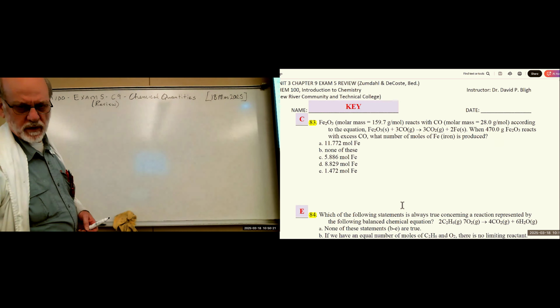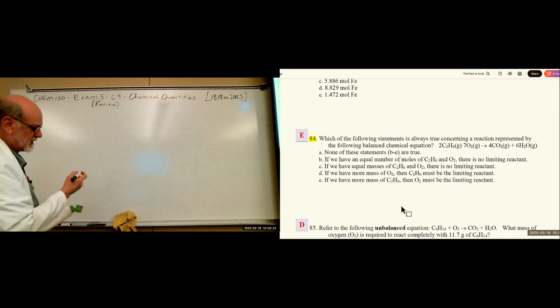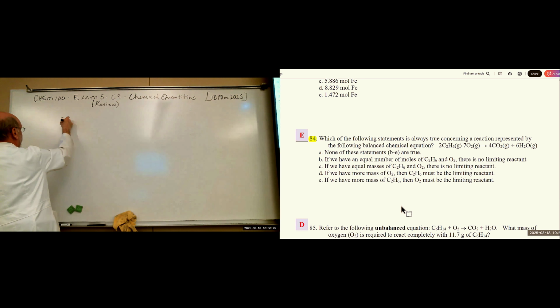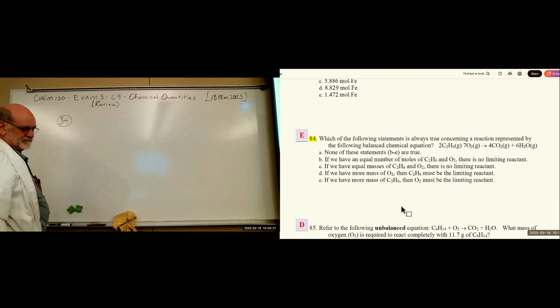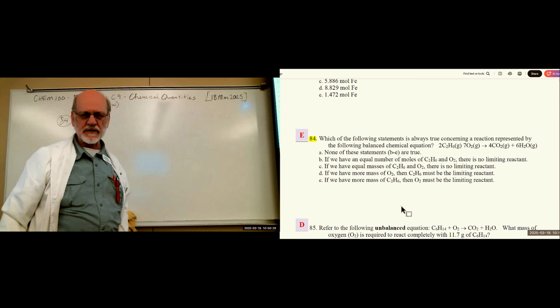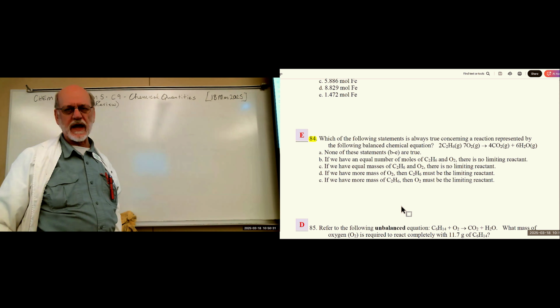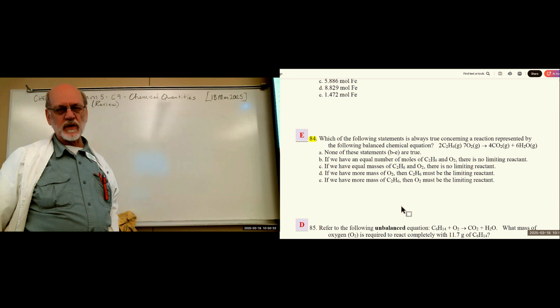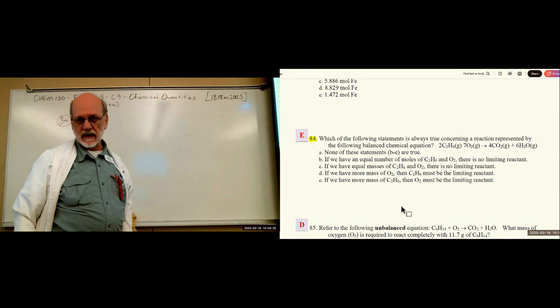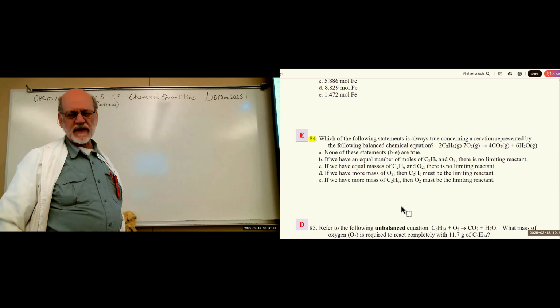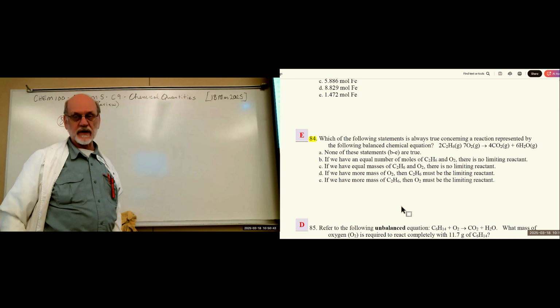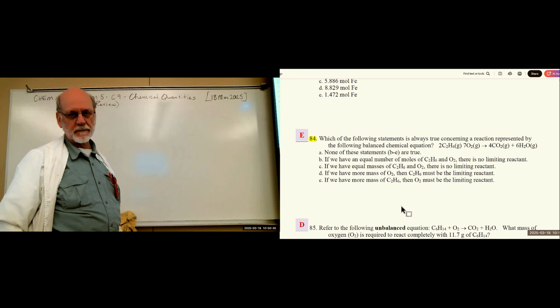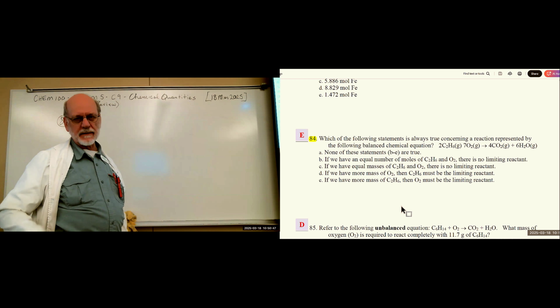All right, 84. Okay. Which of the following statements is always true concerning a reaction represented by the following balanced chemical equation? So that's 2 ethane plus 7 oxygen yields 4 carbon dioxide plus 6 water. Let's see.